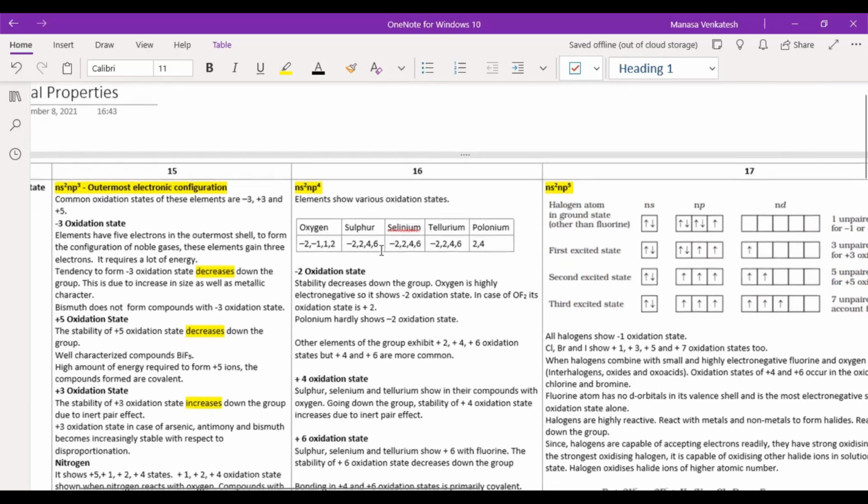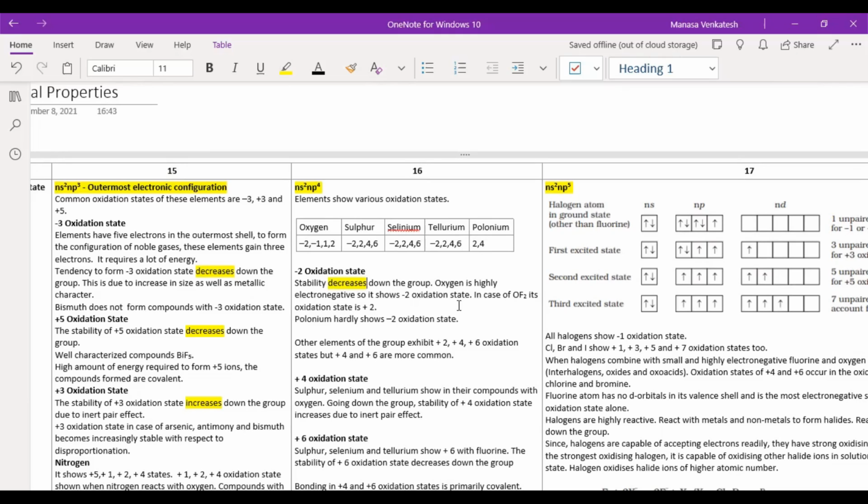Now, the reason you have -2 is because they just need 2 more electrons to gain the noble gas configuration. So the stability of the -2 state decreases as we go down the group. Now, oxygen is very electronegative in nature, so it can show the -2 oxidation state.